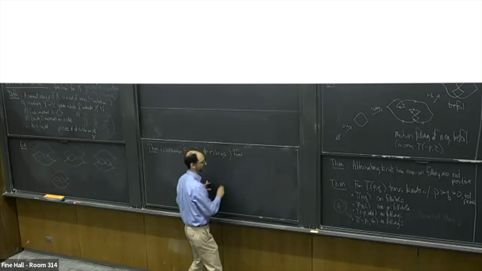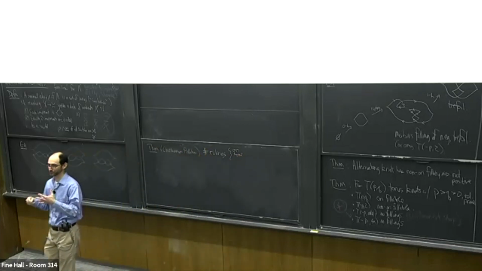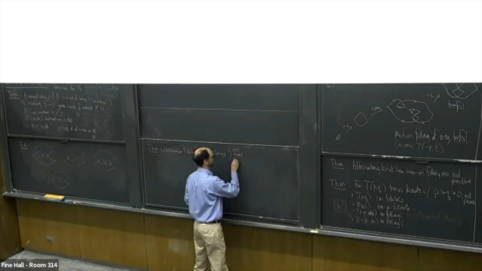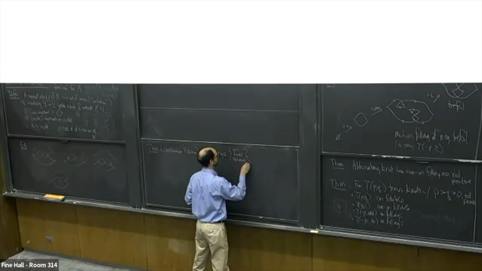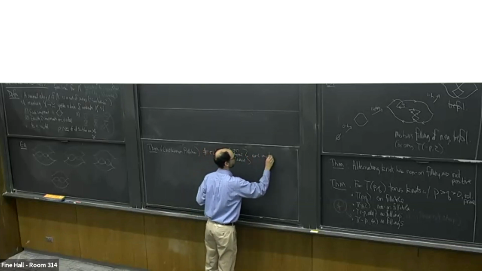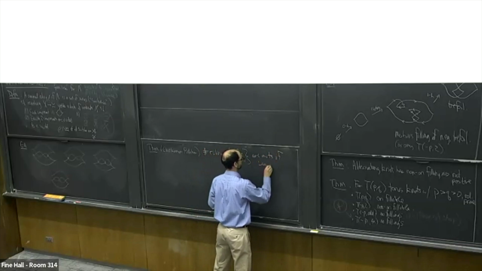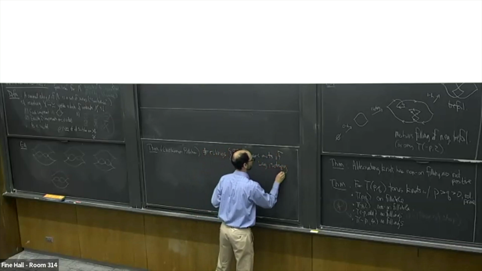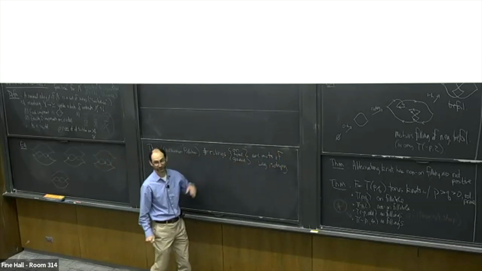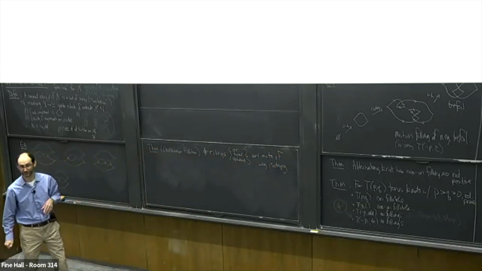I can refine these to include some kind of grading information that I'm not going to tell you about because I don't care about it today. They are actually invariants of Legendrian isotopy. The graded version is actually a nice and effective invariant of Legendrian isotopy.